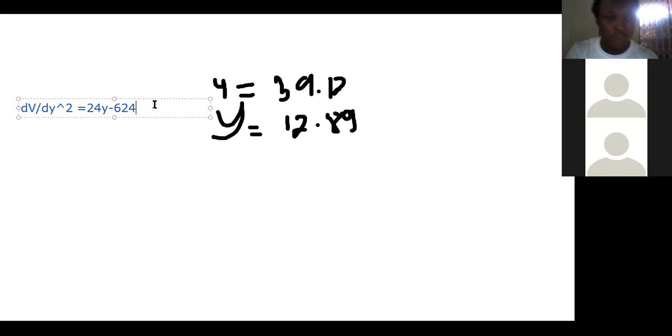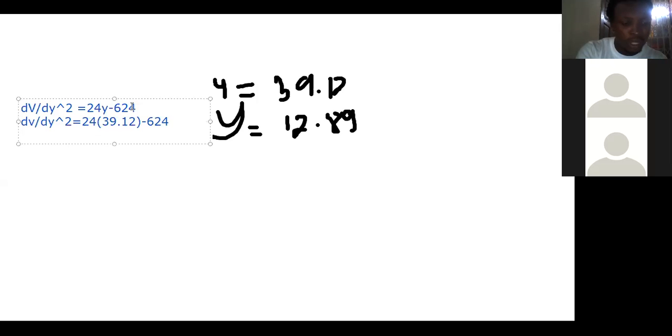So we start with the first one. d squared V over dy squared is equal to 24 into bracket 39.12 minus 624. What are you going to get?